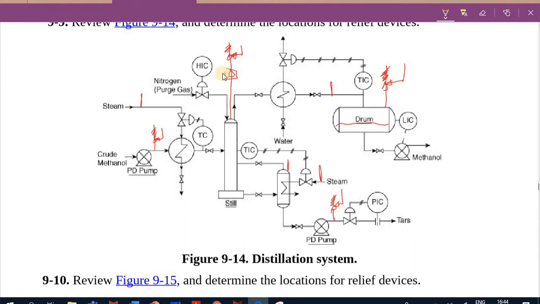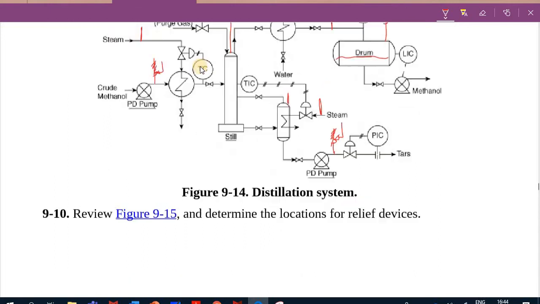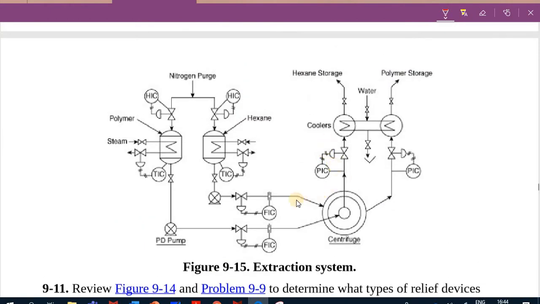And for the vessel here, for the separation that I have here, I'm going to use the rupture disc, and then I'm going to also use the spring safety valve as well. And if I'm worried that I'll get a backup pressure from here, I'm going to use the bellows one, which also has a spring, but it's a bellows, balanced one from the backup pressure. So here I'm just identifying the types of relief valves that I will have here.